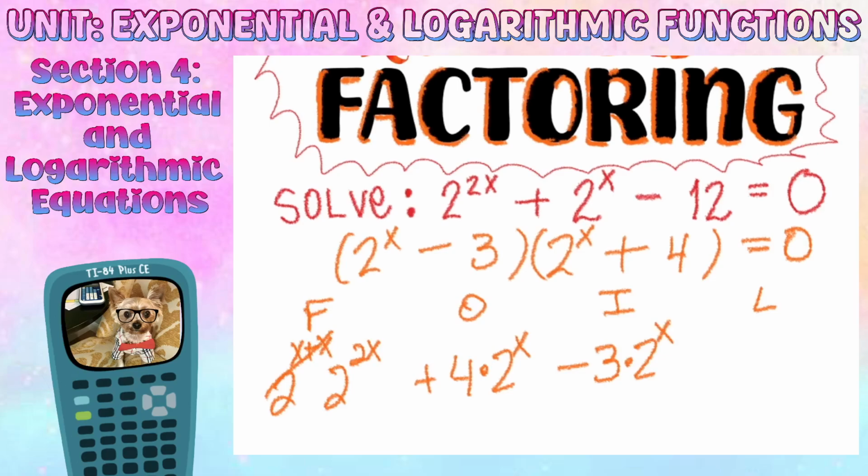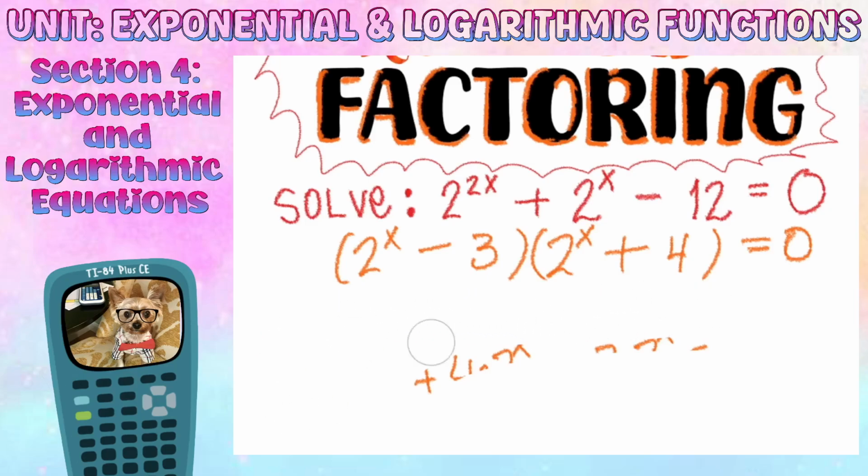Now I'm not multiplying, I'm combining like terms. How many 2 to the x powers do I have? 4 of them minus 3 of them. I have 1 of them, 1 times 2 to the x. And last times last, minus 12. So hopefully you see that the factoring I just did does indeed work, and we can pick it up from here and finish very quickly and easily.